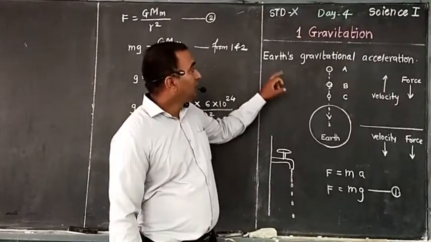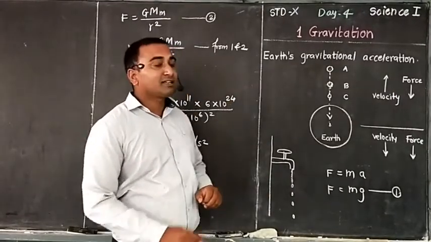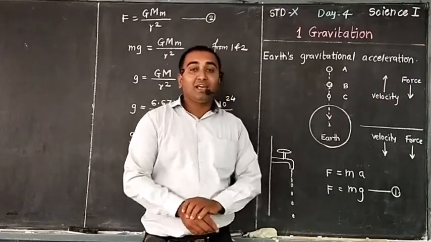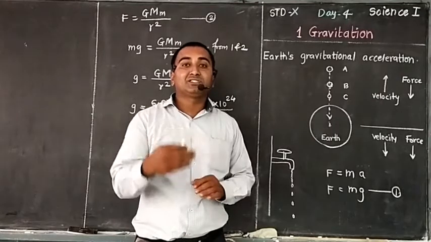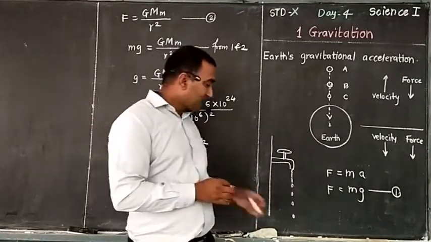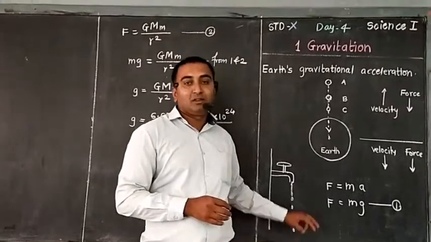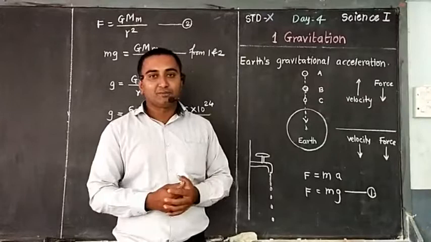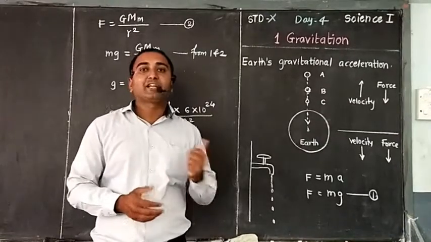See, now we are discussing the Earth's gravitational acceleration. What is acceleration? Acceleration is change in velocity. If velocity is changing, then acceleration is there. Accelerations are of three types: zero acceleration, positive acceleration, and negative acceleration.